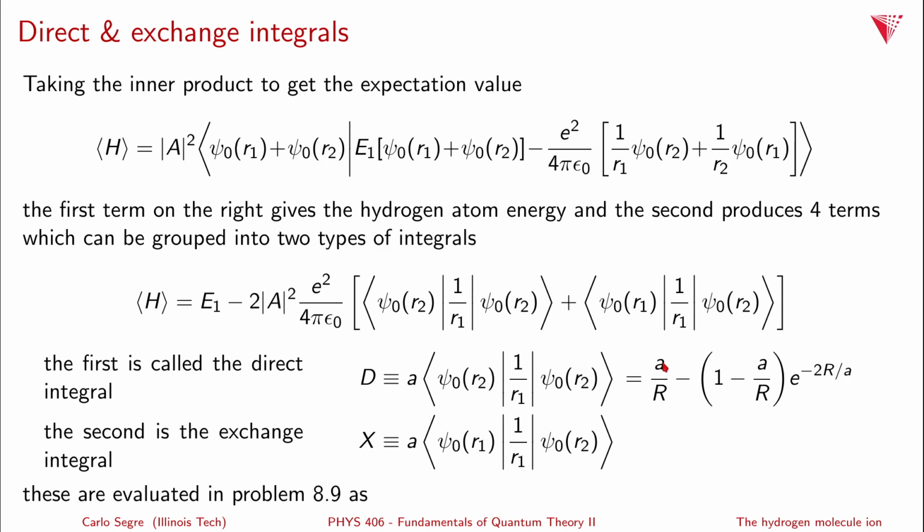The direct integral becomes A over capital R minus the quantity 1 minus A over capital R times e to the minus 2 capital R over A. And the exchange integral is e to the minus capital R over A times the quantity 1 plus capital R over A.